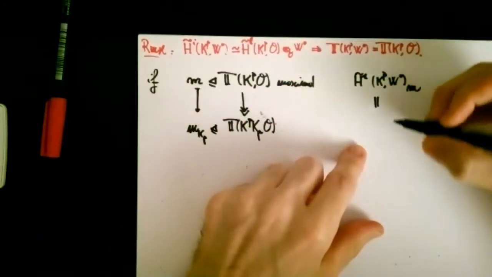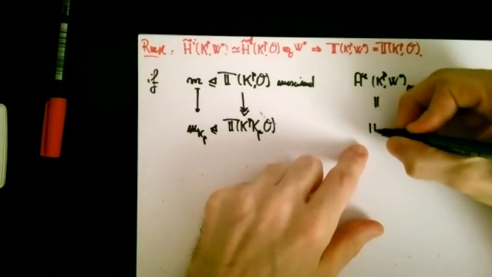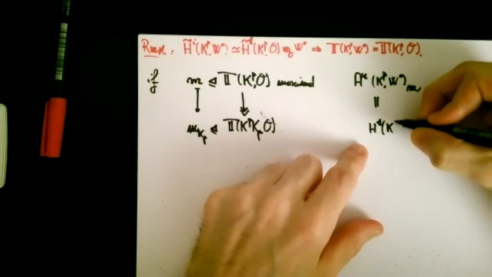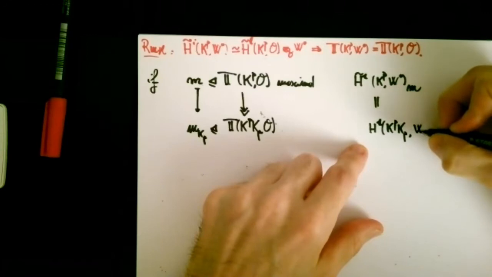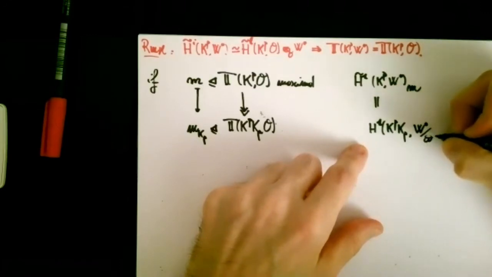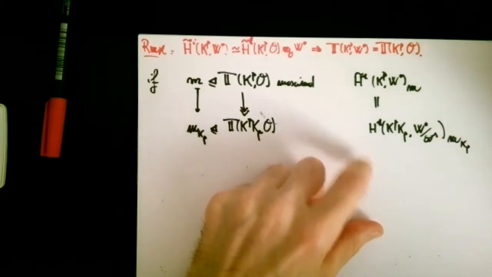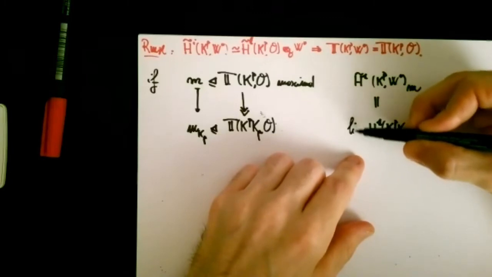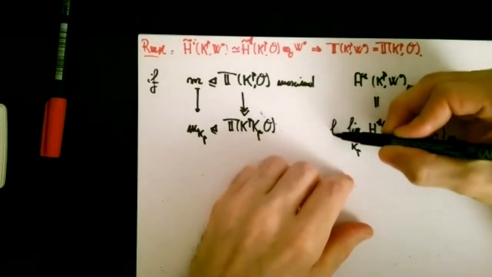So this is actually equal to the double limit. What I'm doing here is I take the usual cohomology K^P K_p, W naught by S, I localize at the level, and then I take the limits. Lim here over K_p, and here I take the lim over S.